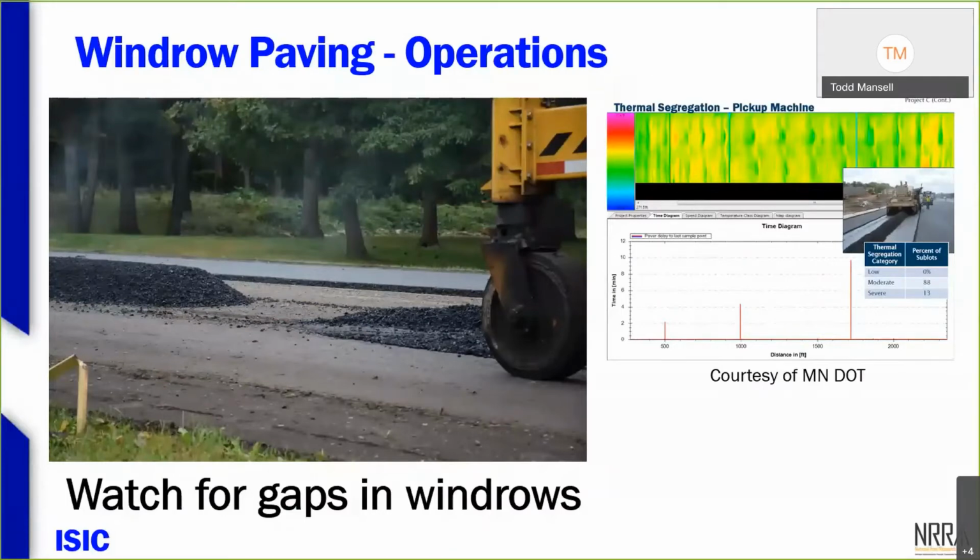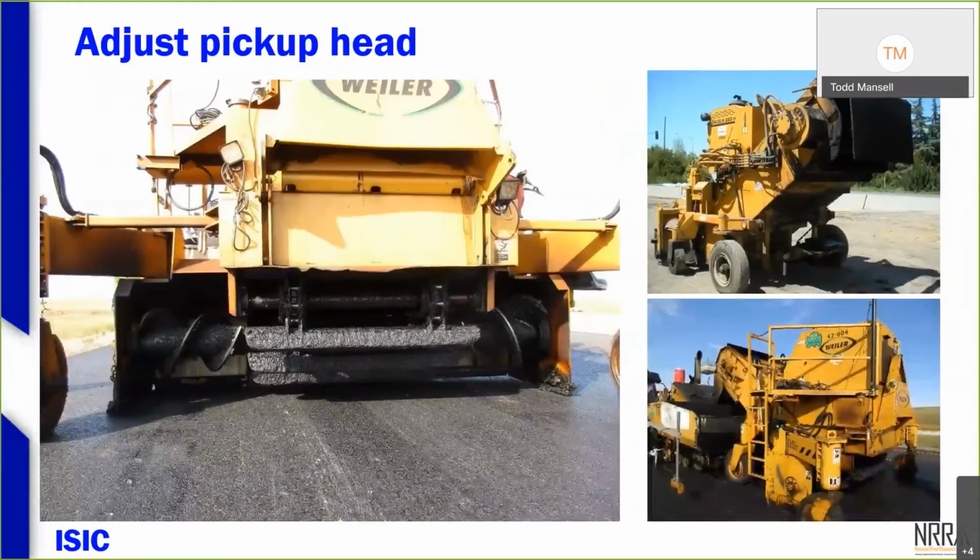Generally, gaps will show up in the windrows, will show up in the thermal, and also affect our head of material, particularly if we're using just a windrow elevator as opposed to a remixing transfer vehicle. So just something operational. Looking at our thermal image, it might tell us, hey, we need to adjust our pickup head on our pickup machine or our transfer vehicle.